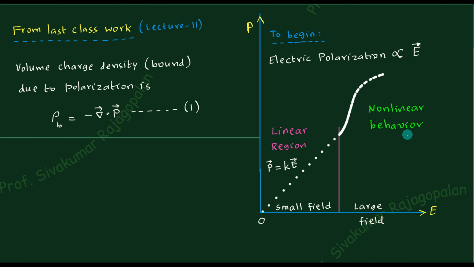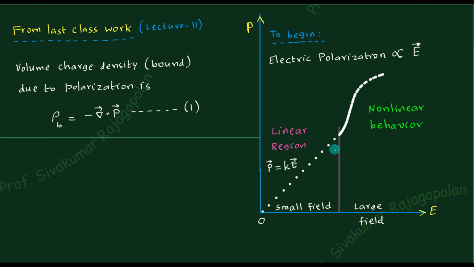Either you can do specialization in solid state physics, where you study the material properties, or you can do an experiment in nonlinear optics where you can also understand the nonlinear behavior of this polarization. So these are the two different branches where you study in detail, or you specialize yourself in the nonlinear characteristic of the electric polarization in dielectric material.